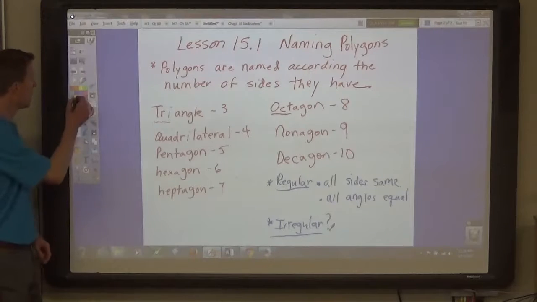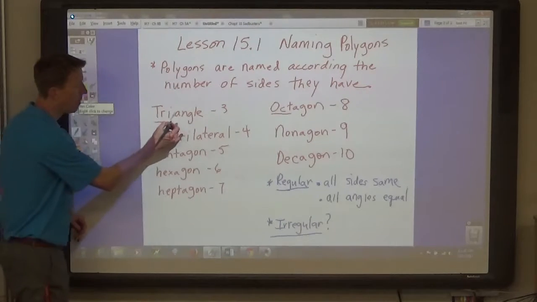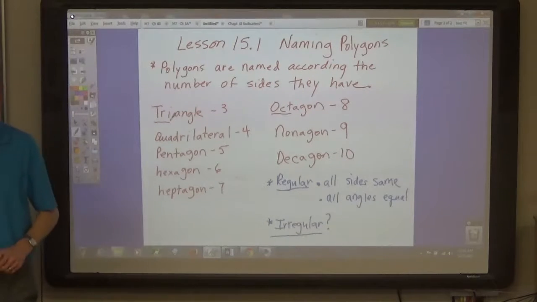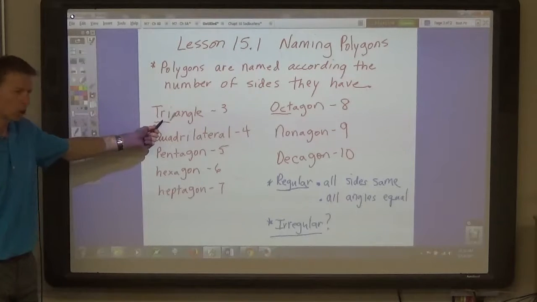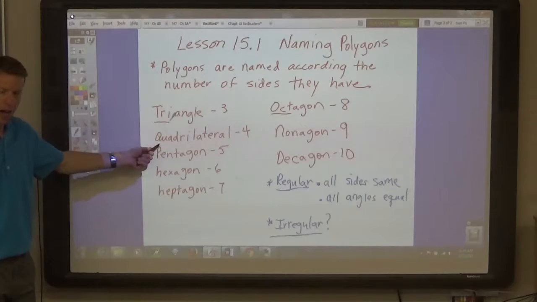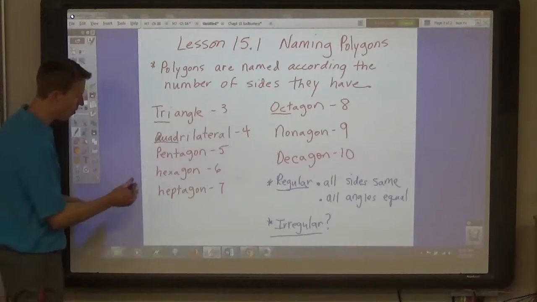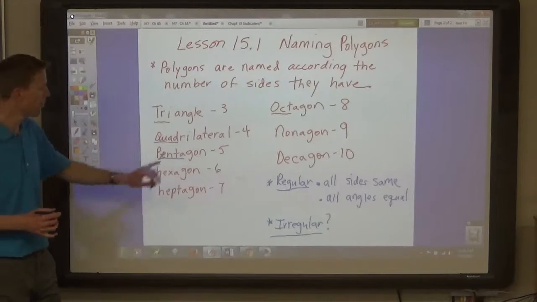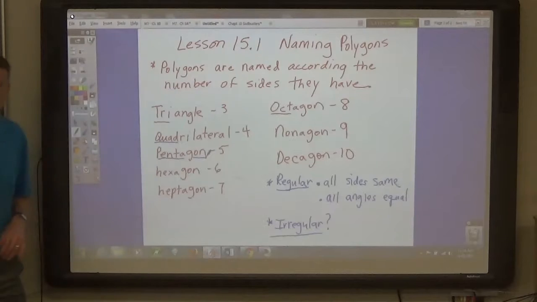They tell you how many sides. So tri means 3. I think it's in Latin. Quad means what? Class? 4. Penta means 5. What is gon? Does anyone know what this suffix, or that part of the word, refers to?